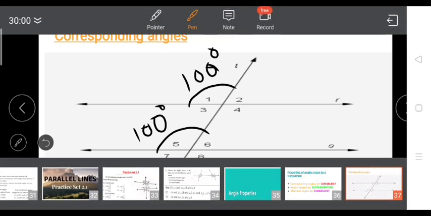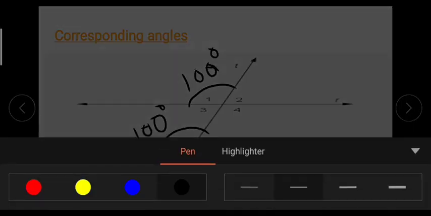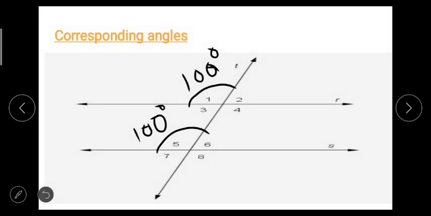Let's take another example. What is the corresponding angle of angle 4? That is angle 8. So this pair is of corresponding angles.